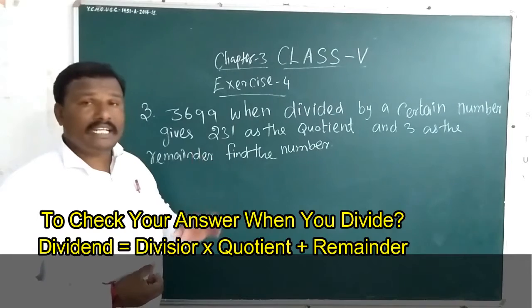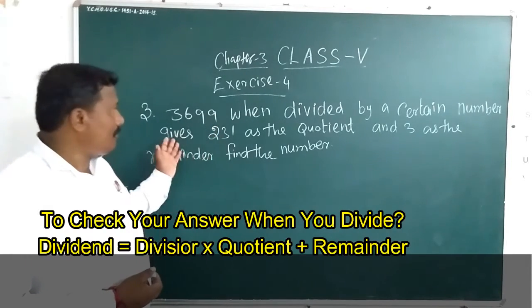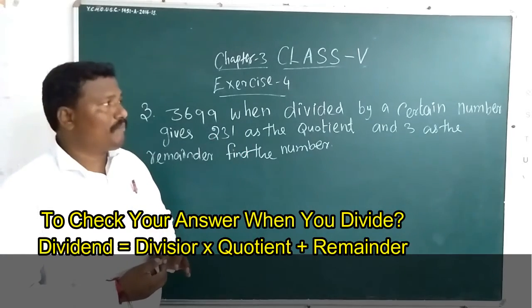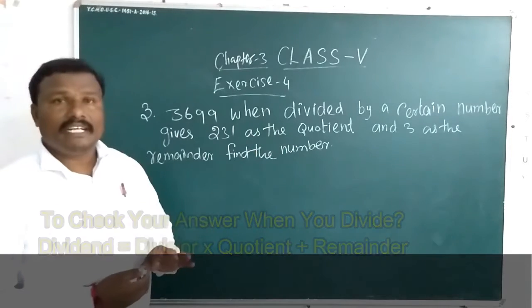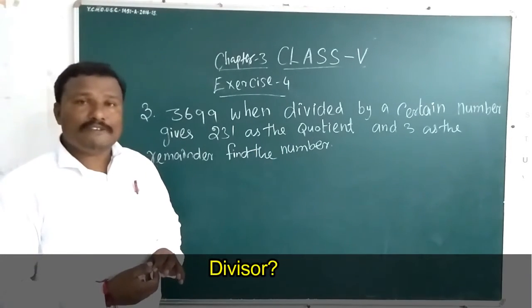But in this sum, it's different. They given quotient, then remainder. They given the dividend, quotient and remainder. We need to find out the divisor. So we have some formula.